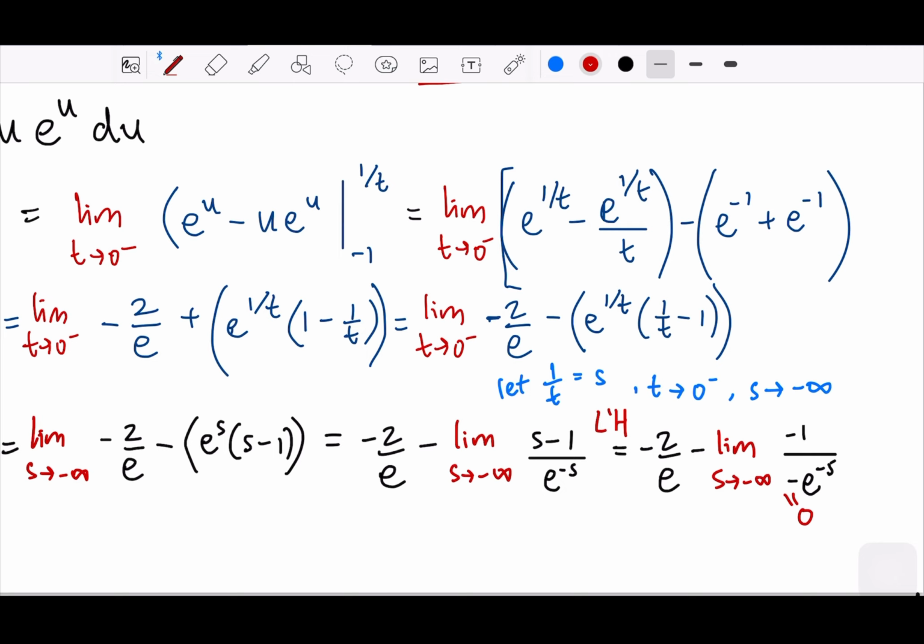Because remember, we have negative here, so the negative cancel. So this is infinity. So we get 1 over infinity. So 0. So the result will be negative 2 over e, and this will be converged, right? Convergent.